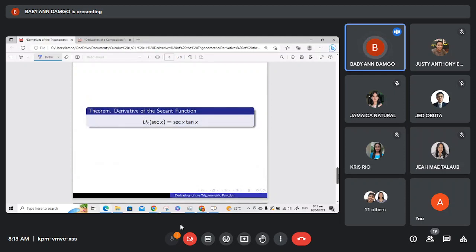Okay, so the derivative of secant x, so ato na ni i-treat to prove, di na ta example. So, okay, after ani, practice ta. So, ang derivative of secant x is secant x times tan x.